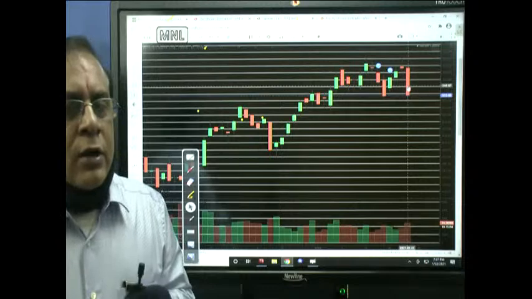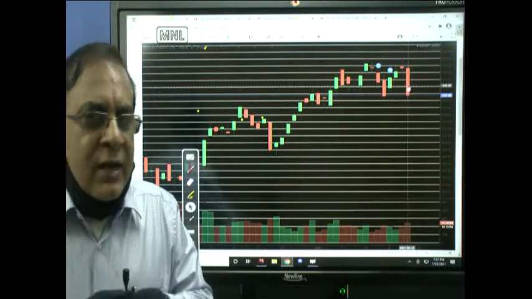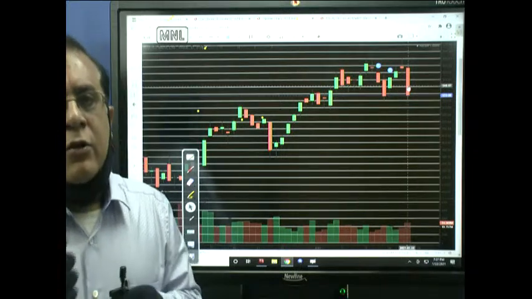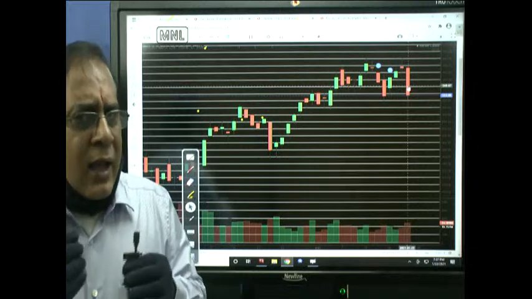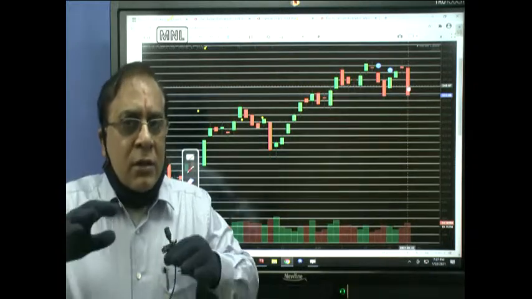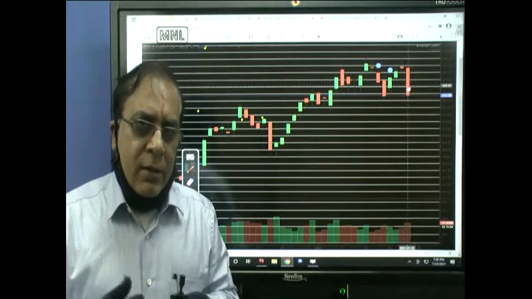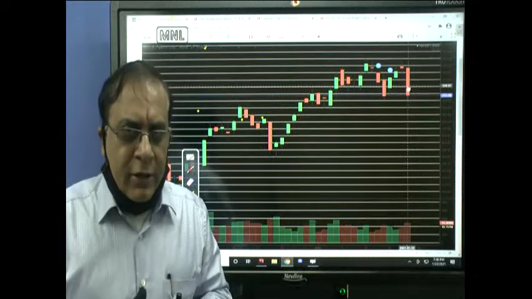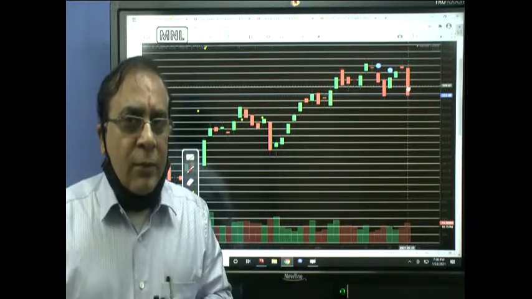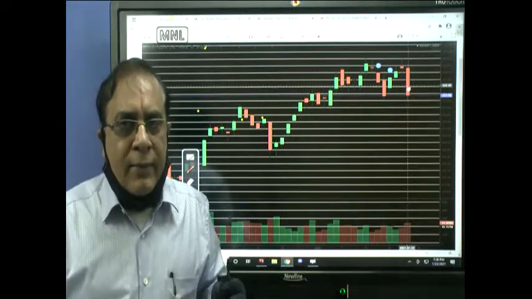So you buy a 14,400 call and put of Thursday expiry, and it suddenly expands by 150 points, either going to 14,550 or 14,250. There is a highly likely chance that you may end up with some profit, because with one side the call loses and the put profits if it goes downside, or if it goes upside, the call profits and the put loses. But put together, when the movement is huge, you will make money.